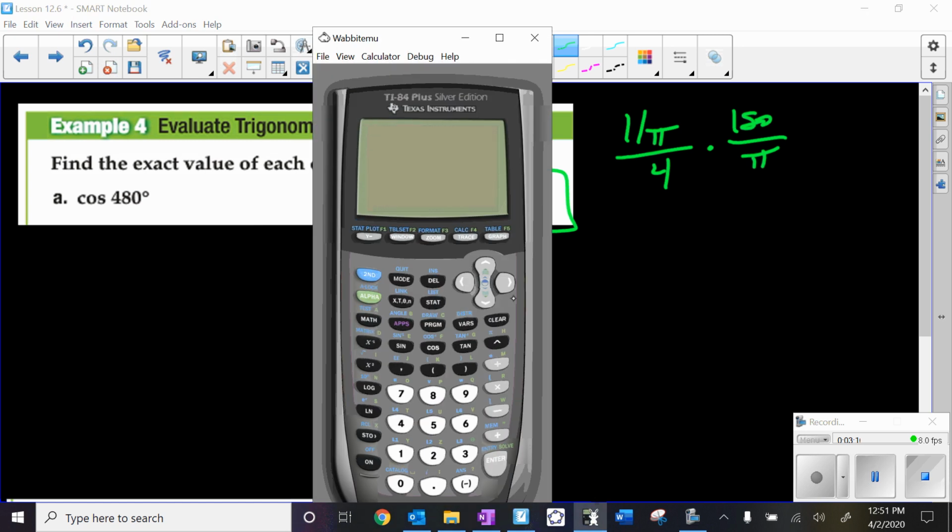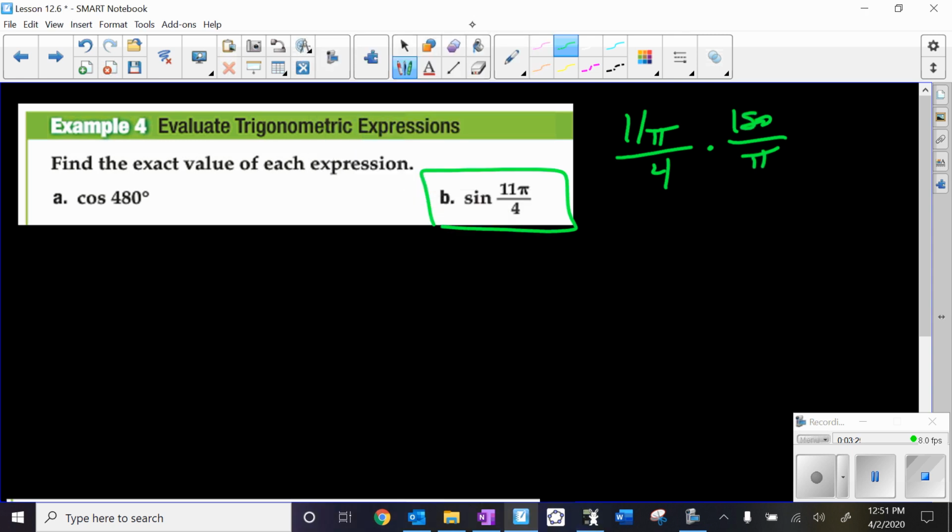Your pi's are going to cancel. So taking 11 divided by 4 times 180 gets us 495 degrees. So if we find sine of 495, that will be the same thing as 11 pi over 4.